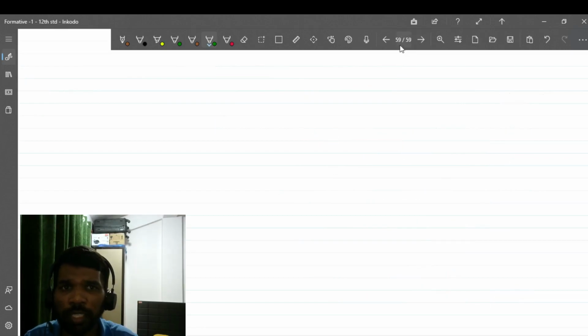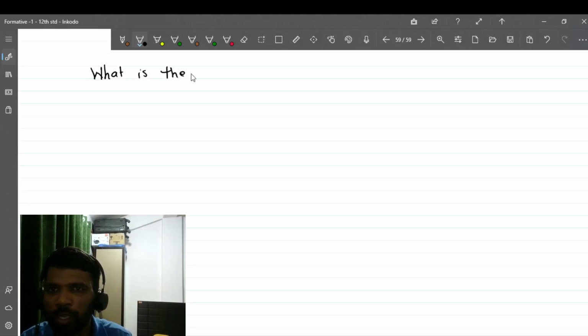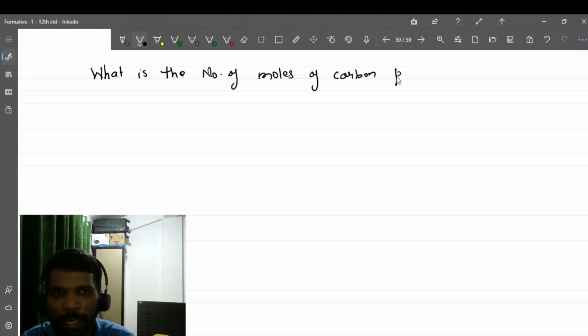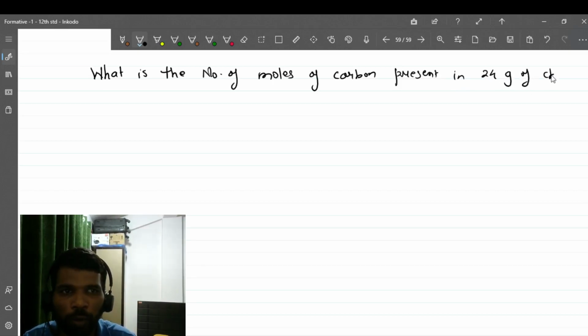Next question I'll ask: what is the number of moles of carbon present in 24 gram of charcoal? Charcoal means it is carbon, right? So now the question is the number of moles.